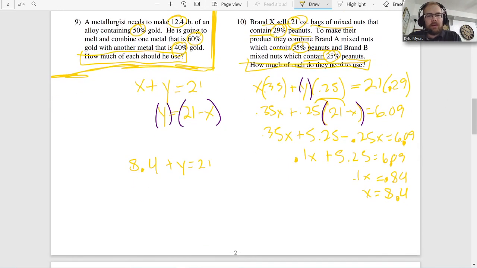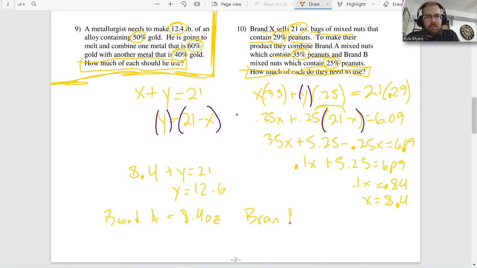Woof. All right, that was crazy. So y is 12.6. Brand A is x, 8.4 ounces. And brand B is going to be the other one, which is 12.6 ounces.